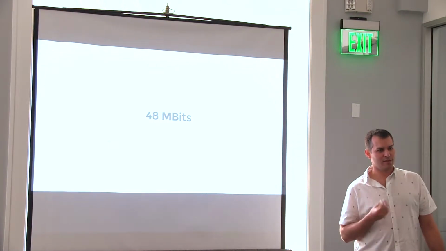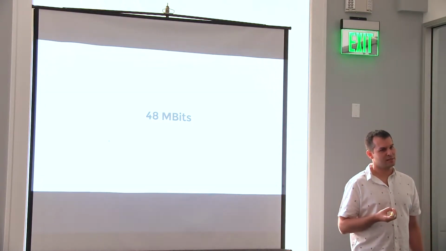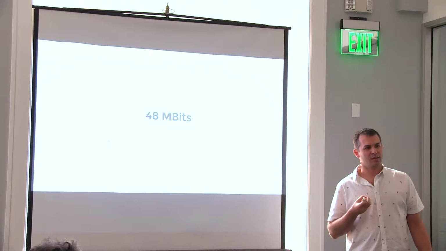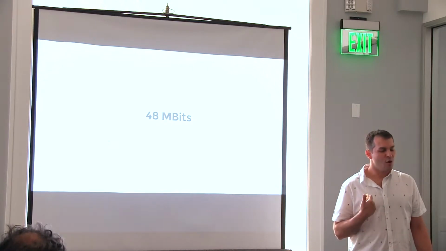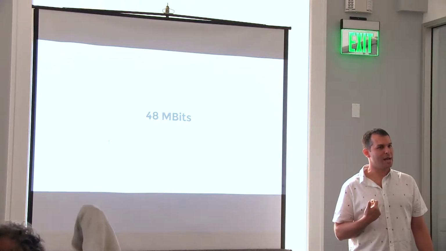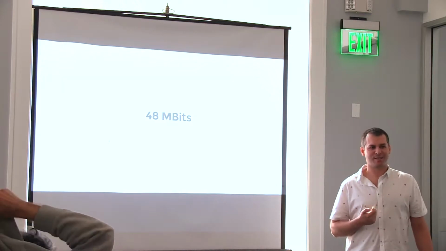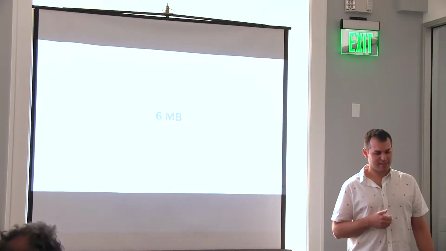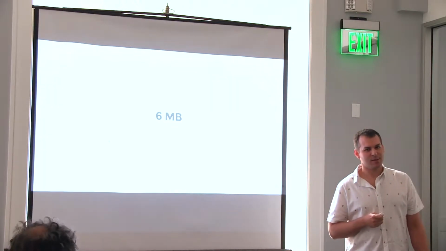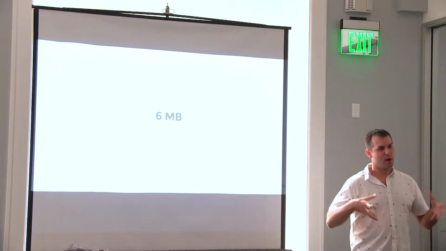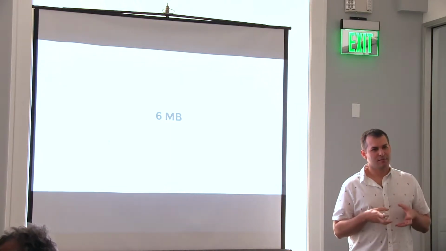That's how it works. One interesting fact is that the biggest cartridge you could get on the Super Nintendo was 48 megabits. Bits. If you put it in bytes, 6 megabytes. So they actually managed to cram a lot of data.